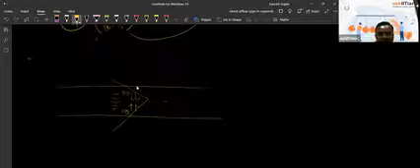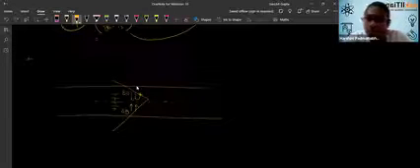Sir, why is it coming towards the center? Because see, the force on the positive charge is in this manner only. Okay, sir. Good. You got it. So we can say that here negative charge is being distributed.